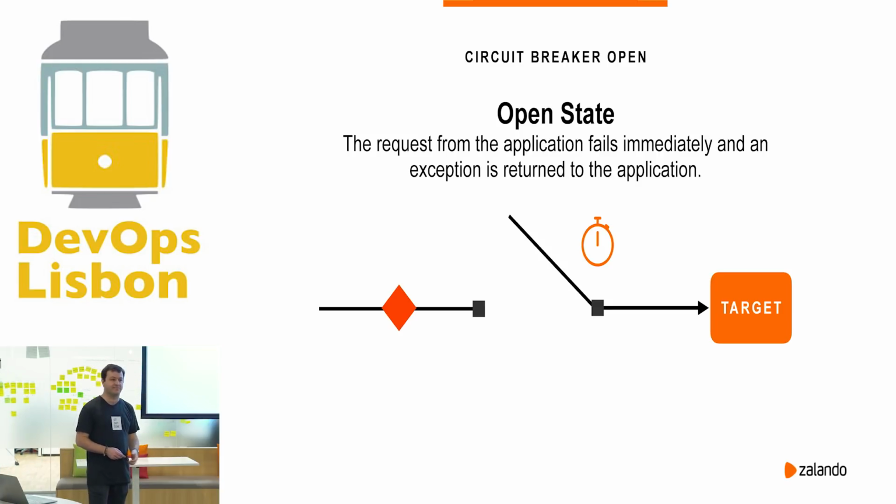So in the open state, it does two important things. The first one is that if there is an attempt to perform the operation, it immediately returns an exception to the application. The good part. And it also starts a timer. Before I go into the timer, the good thing is that by opening the circuit, let's go a little bit back, we were always hitting the target.